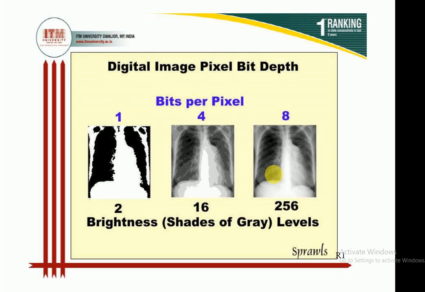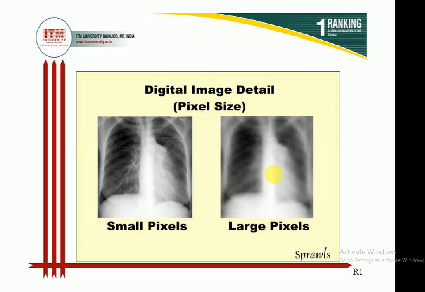If more bits are present, meaning the number of bits in an image is more, then the clarity of the image will be more. If the number of bits is less, then the clarity of the image will be less. Here we can see that there are two types of digital images.